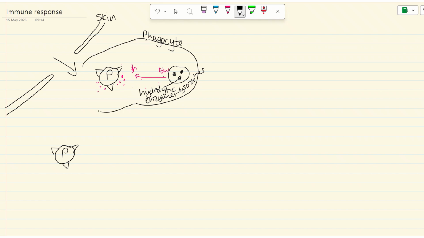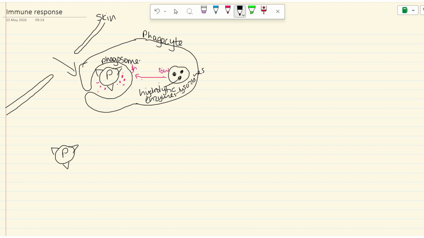It extends around the pathogen, ultimately to engulf it. Remember that word, engulfs the pathogen. The phagocyte surrounds it, and it forms this structure here called a phagosome.